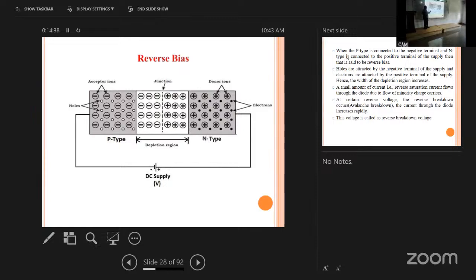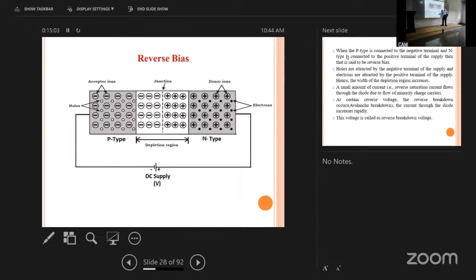Holes are attracted by the negative charge, and electrons are attracted by the positive supply.